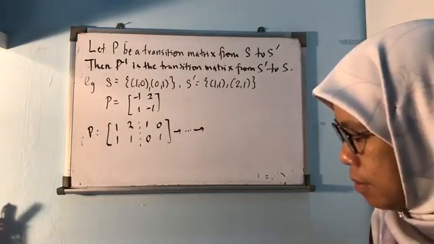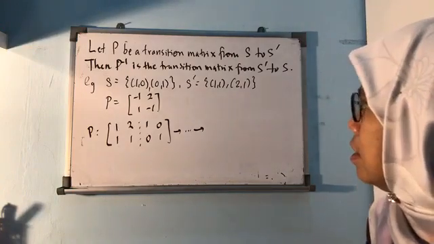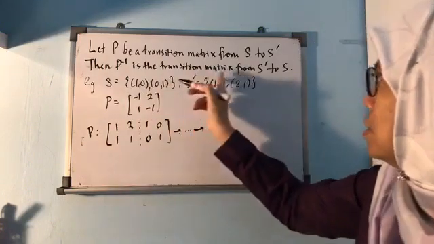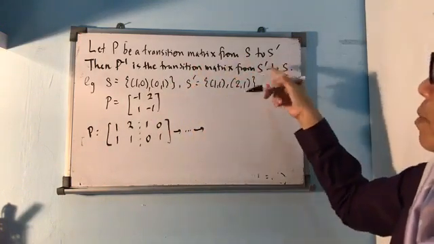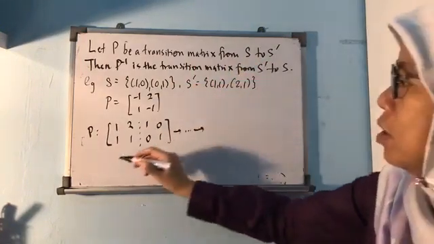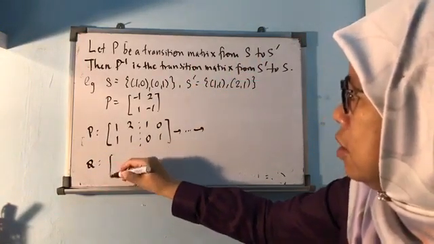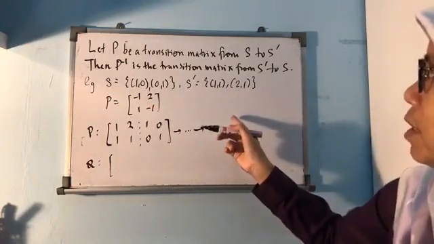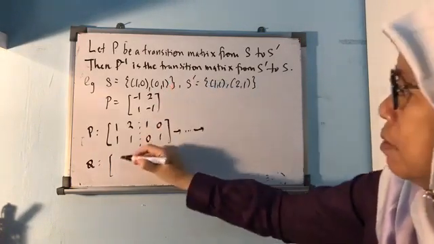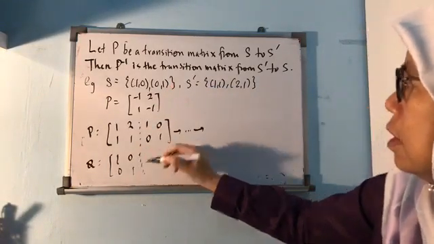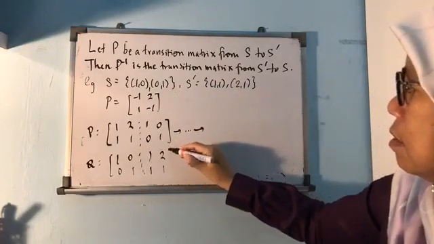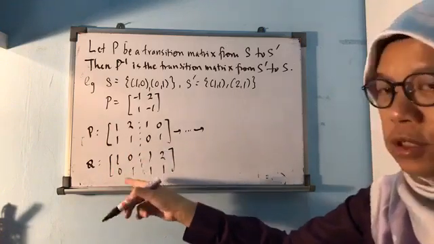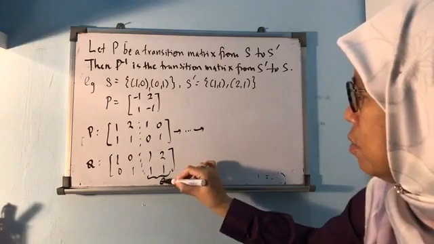Now, to find the transition matrix from S prime to S, call it Q. So we have to put the S first, and then this. Since this is a standard matrix, this is already row reduced. So this is the Q.